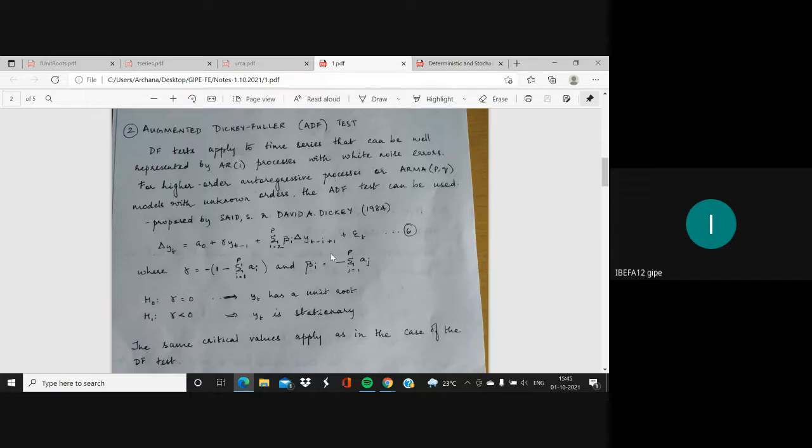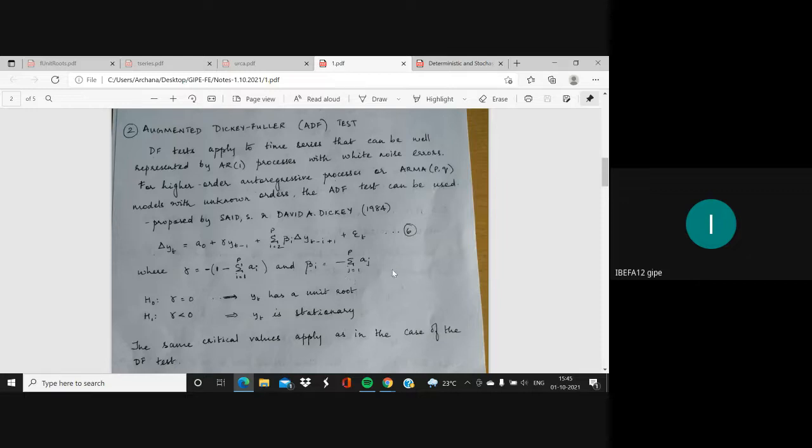In this particular equation, I've only included the drift term, so you have a0, but you can also include a time trend here. You could also have a0 plus a2t and estimate the model. It depends on which particular specification you feel best describes the time series that you are modeling.